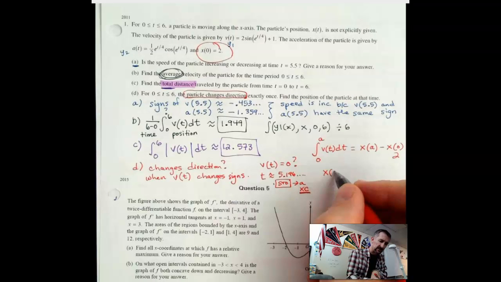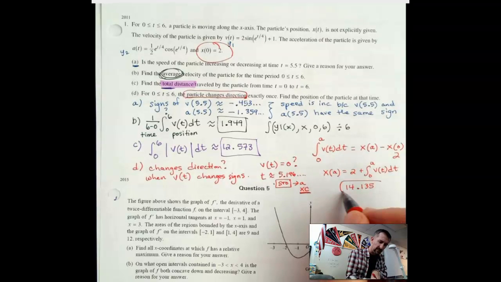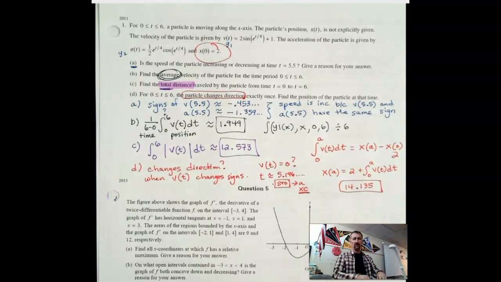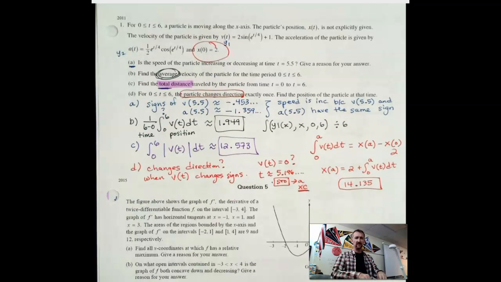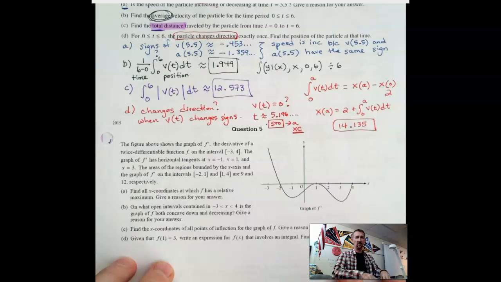So x of A is going to equal 2 plus this integral, which we would need to type in our calculator. And that should turn out to be 14.135. Now, it's important that you duplicate those numbers on your calculator. If you can't do that, then you need to come to office hours, and I need to redo that question, and we need to talk our way through that. Okay.